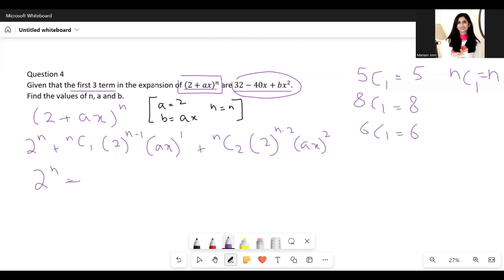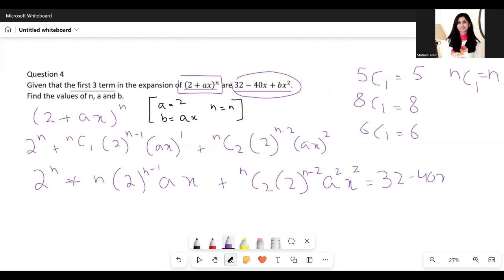So plus n times 2 power n minus 1 times a times x plus nC2 times 2 power n minus 2 and then a squared x squared. Now equated to 32 minus 40x plus bx squared.